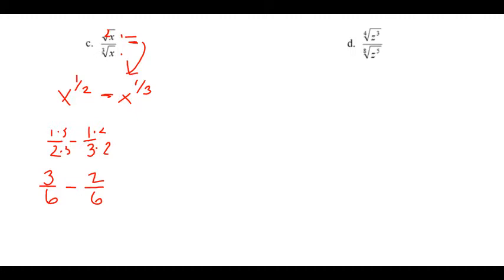So 3/6 minus 2/6 is going to give me 1/6. So my answer is going to be x to the 1/6 power. But if we write it in radical form like they want, my index will be 6, and it'll be x to the 1st power. You can put the 1 there, but you don't need to.